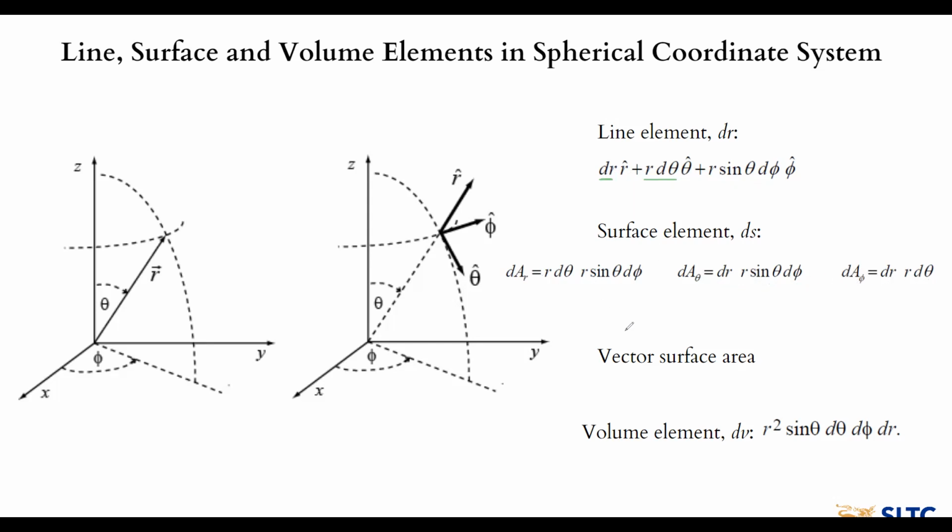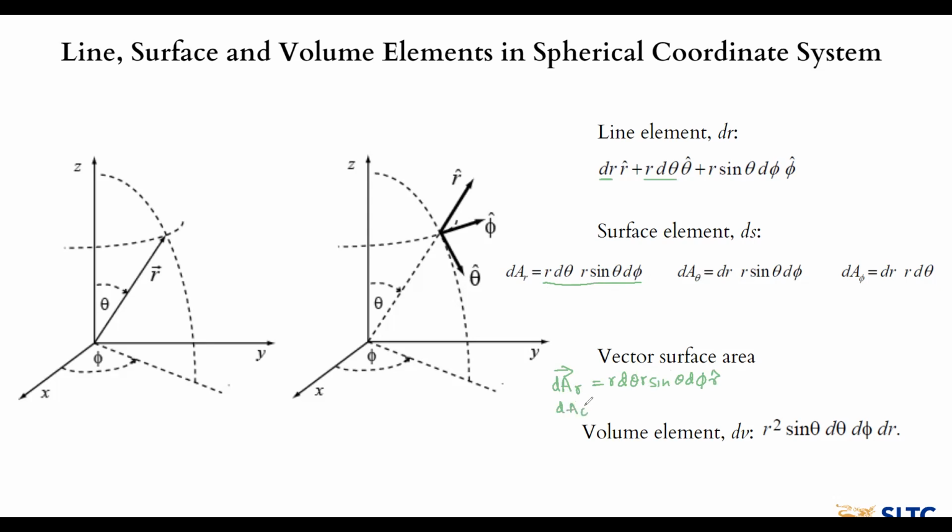So once we are defining the vector surface area elements, we need to take the magnitude in here and multiply it with the normal vector. Normal vector is along the r hat direction, right? So the vector surface area dAr is r d theta, r sine theta, d phi into the normal vector along that surface, that is r hat.